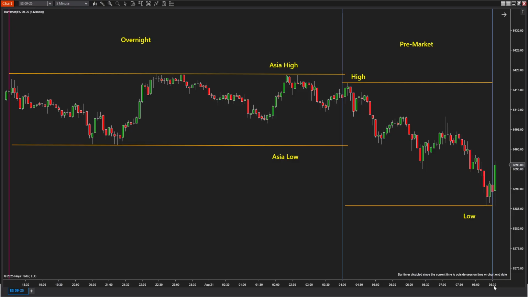That's when, if there's a major news event, the price is going to change based on that event. So that 1 hour from 8:30 till 9:30 is a change in the price delivery. So that's why I mark it.